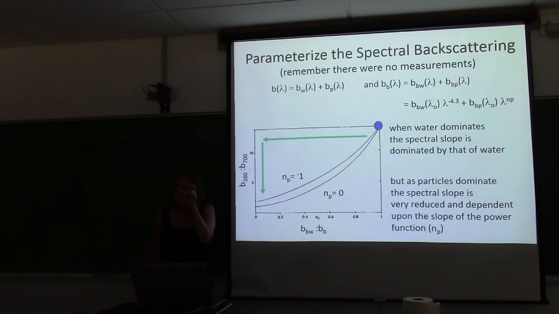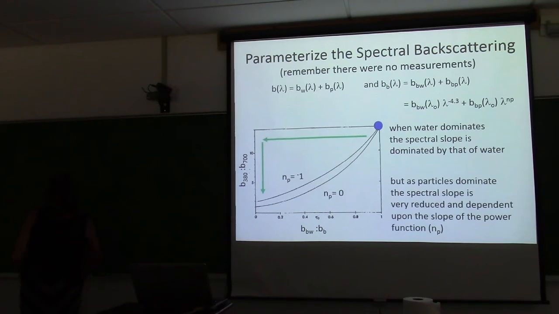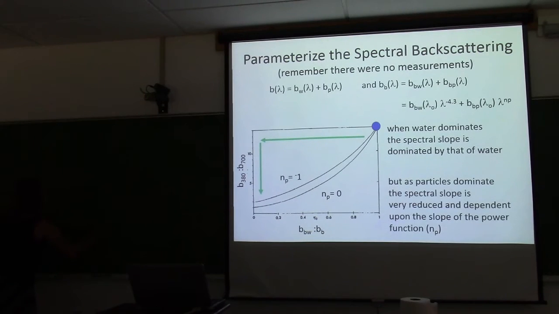But if we change the particle size distribution such that we might have sort of a, this is bb over lambda. This is Np equaling 0. This might be Np equal minus 1 in terms of a spectrum. These are big particles, these are small particles.